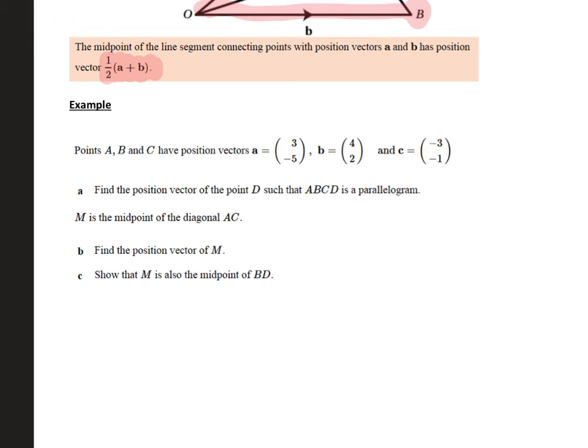So let's look at an example. We have A, B, C with position vectors a, b, c, lowercase. Find the position vector of D such that ABCD is a parallelogram. First of all, I'm going to sketch a parallelogram, A, B, C, and D. When you label it, I'm labeling clockwise: A, B, C, D. Now, I don't know what D is.